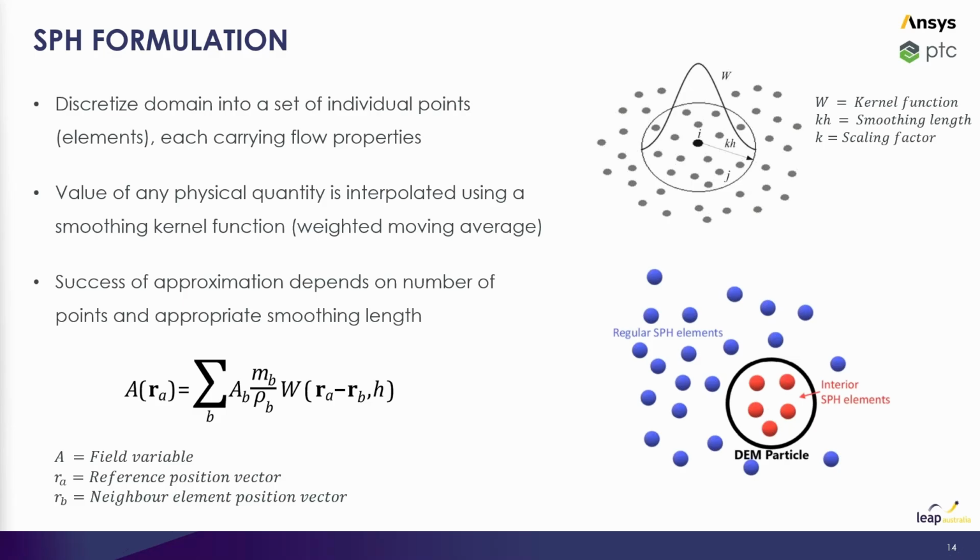Now here, the integral interpolant of any field variable A is computed by a summation over the neighboring SPH particles, considering mass, density, and position. Here you can actually look at the ratio of mass over density as the volume associated with the fluid particle. And of course, the gradients of any given field variable are computed in terms of the gradients of the kernel function.